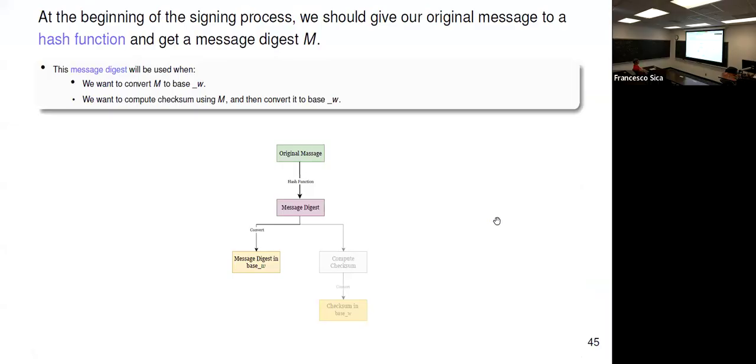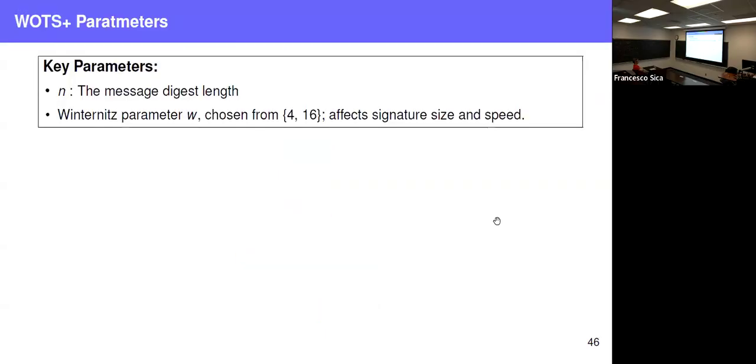We use this message digest to convert it to base W, or we can also use this message digest to compute the checksum and then convert the checksum to base W. I will explain why we use a checksum with the message digest, but before that, let's talk about WOTS.